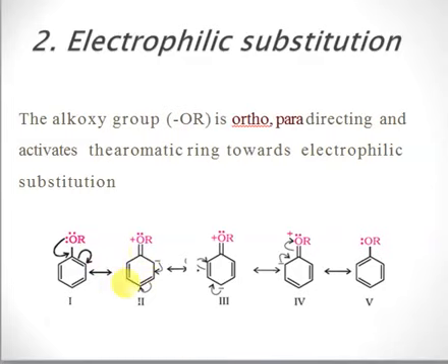Since the aromatic ring is electron rich, the electrophile easily attacks these carbons, and it will prefer to come at the ortho or para position. So this alkoxy group is ortho para directing and activates the aromatic ring towards electrophilic substitution reaction.